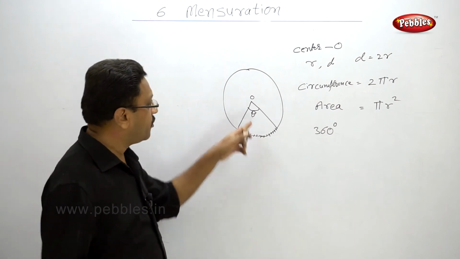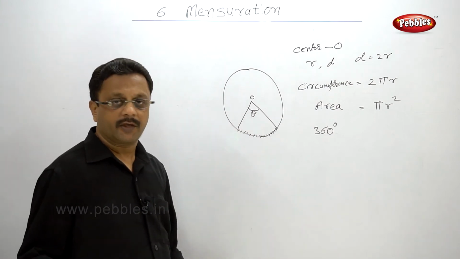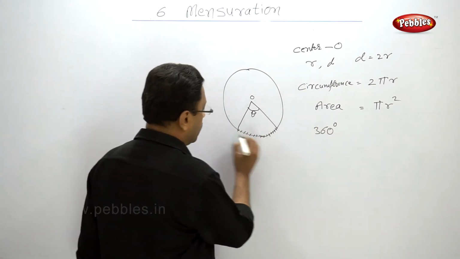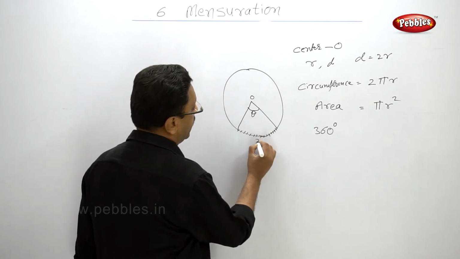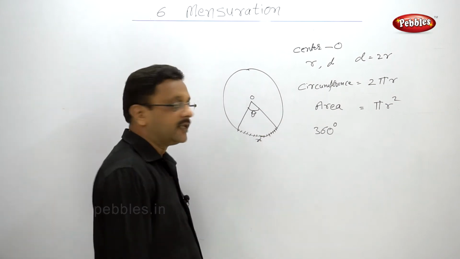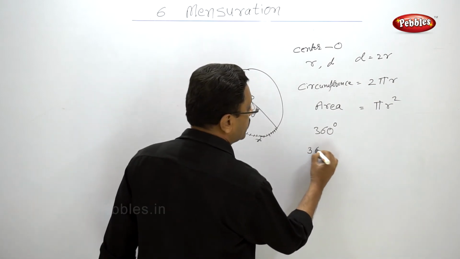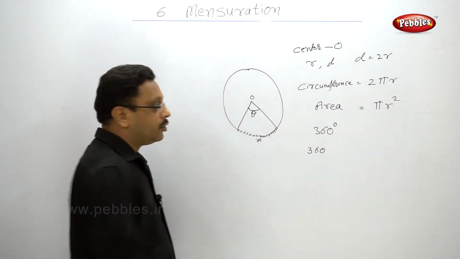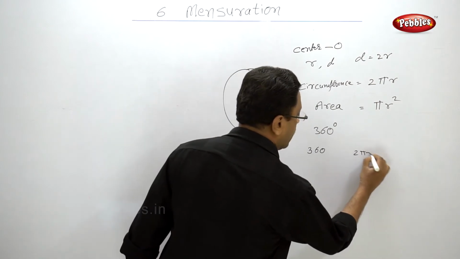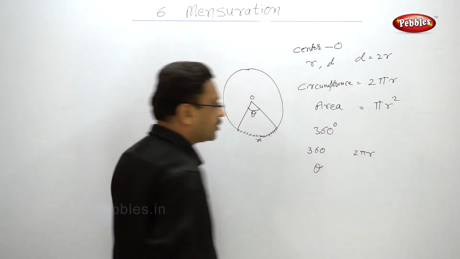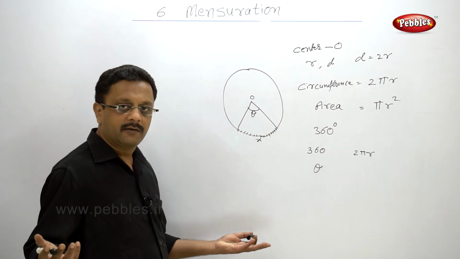So what is the length for theta degrees? Isn't it? So if I say this is x, what will x be then? For 360 degrees you have 2 pi r, so for theta degrees how much is there?